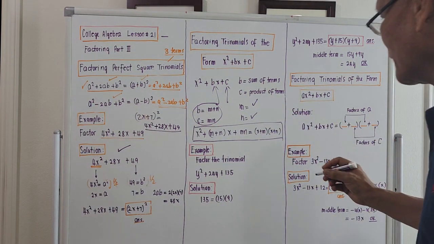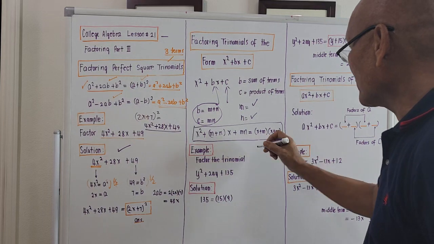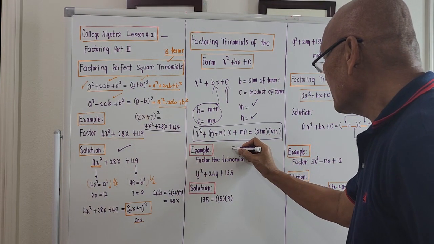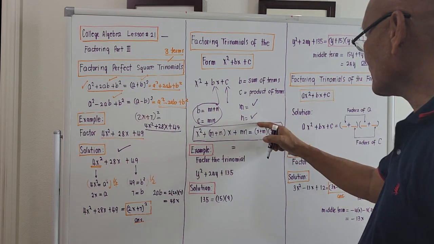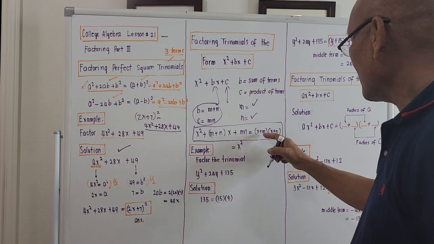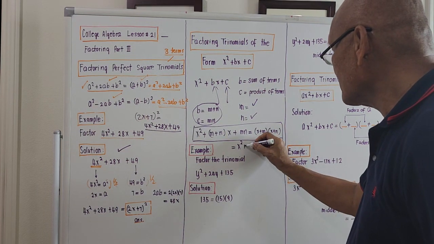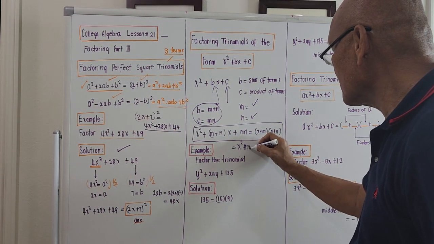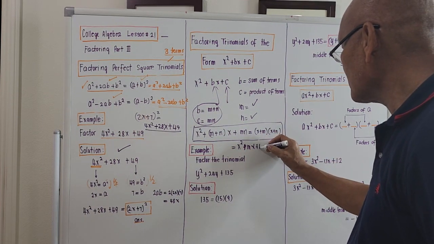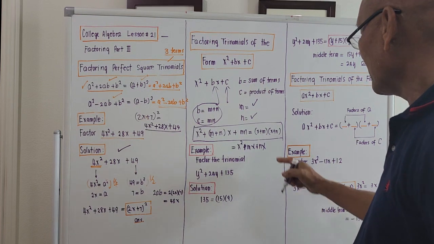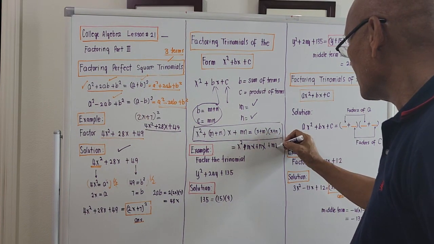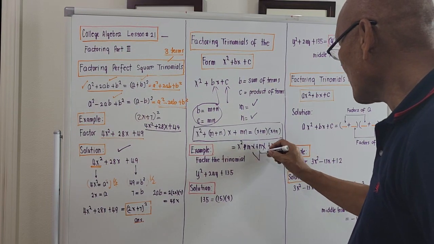And we could check the validity of this factor here. We'll try to expand. If we expand this one, x times x will be x squared. m times x will be plus mx. The product n times x will be plus nx. And the product m times n will be plus mn. Then you try to factor out this one.